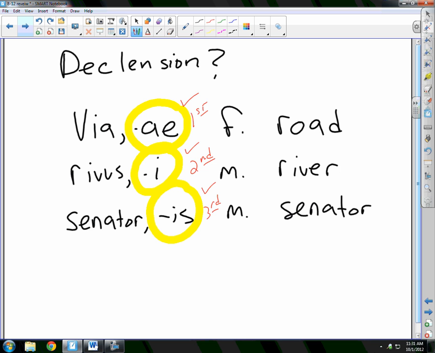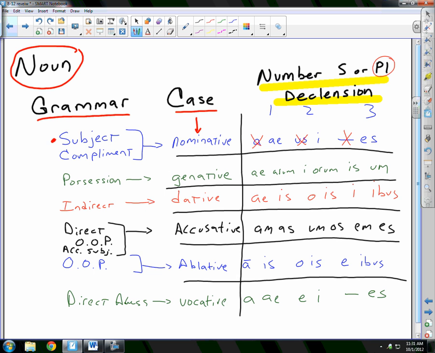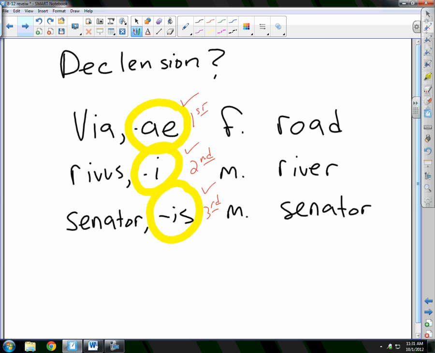Now that matters because that's going to help me decide whether I choose the first declension nominative plural AE, the second declension nominative plural I, or the third declension nominative plural ES. Well, in this case, I have senator, senatoris. Right here, IS ending.